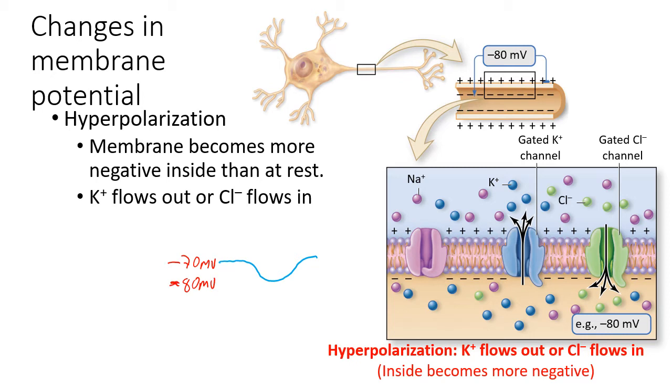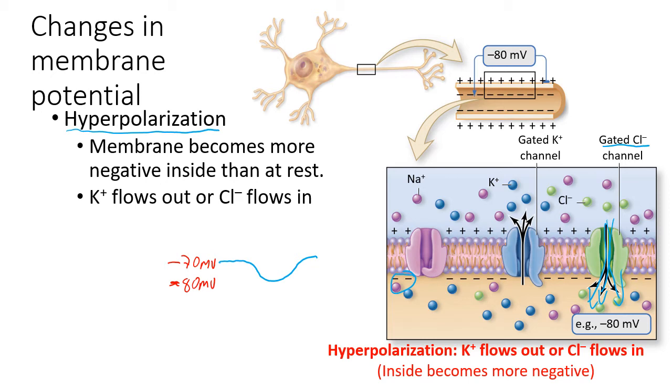Hyperpolarization is where we make the membrane more negative on the inside of the cell. So we have more negative ions coming into the inside of the cell, something like chloride ions coming through a gated channel, moving into the inside of the cell and making the inside more and more negative.